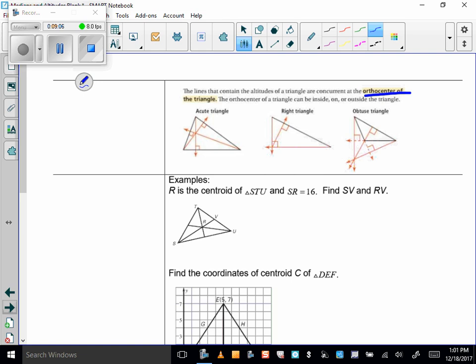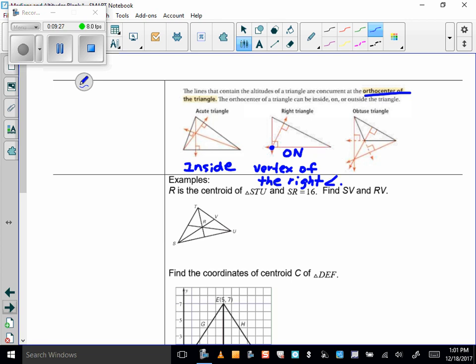So if it's an acute triangle, it's always inside. If the triangle is right, the orthocenter is on the triangle and it's on the vertex of the right angle. And that makes sense, right?